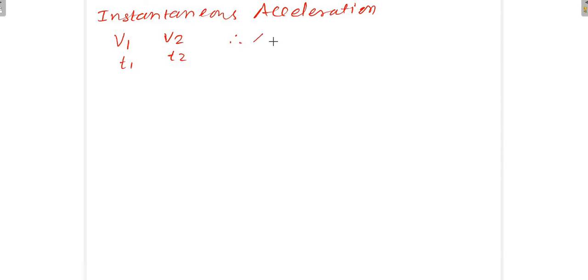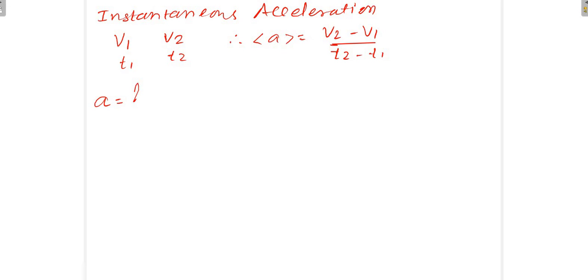So I know that average acceleration is nothing but v2 minus v1 divided by t2 minus t1. But within this duration t1, t2, at a particular instant, suppose I want to find out acceleration. So that is called A. So how can you find out that?